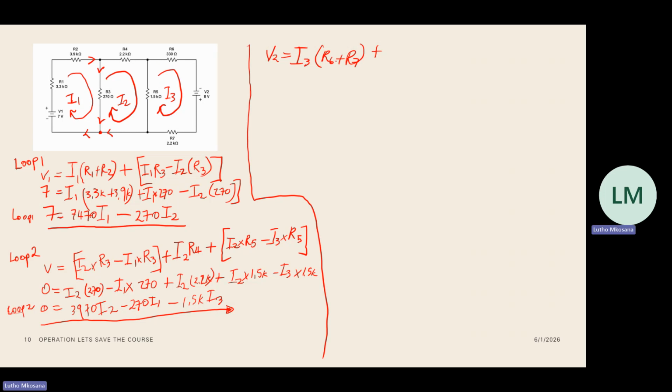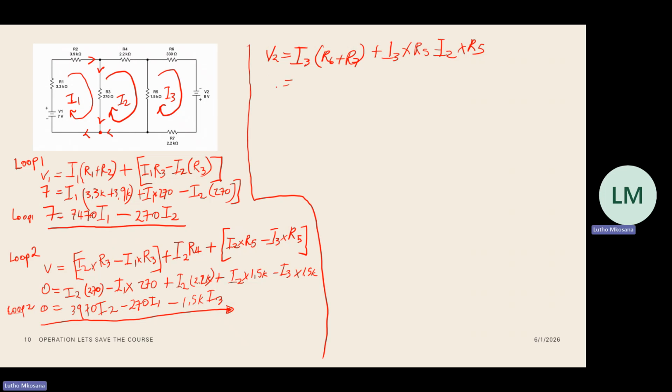So we have I3 multiplied by R5 minus I2 multiplied by R5.